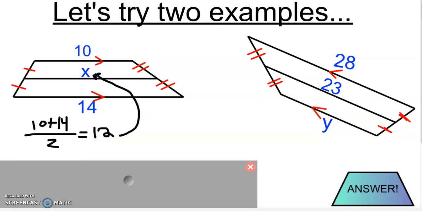Now over here for this type of example, I actually use a trick. So the mathematical formula would be y plus 28 divided by 2 equals 23. But I don't do that. Instead, what I notice here is that going from 28 to 23, I'm going down 5 spots, or 5 lengths, 5 inches, whatever amount this is.